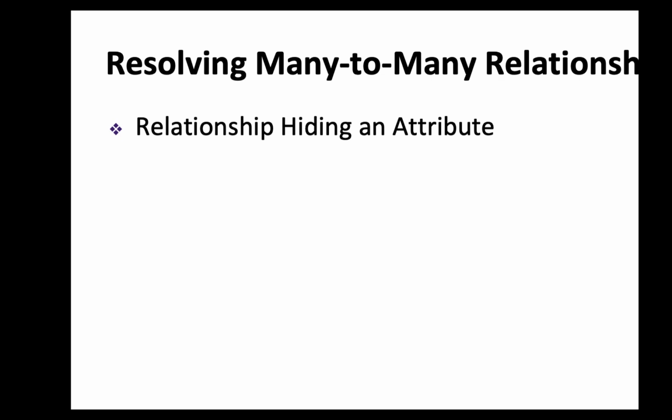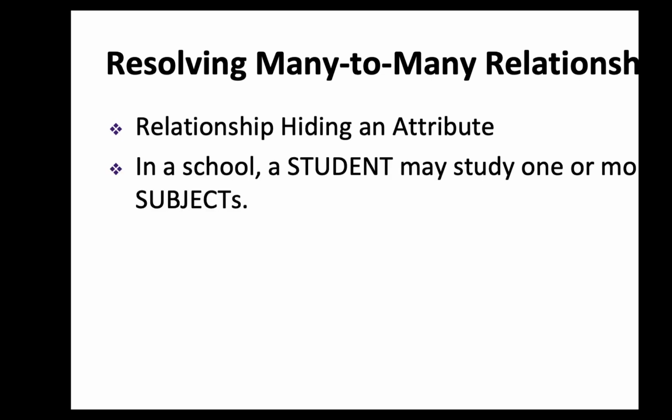So, relationship hiding an attribute. In a school, a student may study one or more subjects, right? We discussed that many students can enroll in one subject, and obviously students can enroll in many subjects, right? So this sort of relationship is many to many.